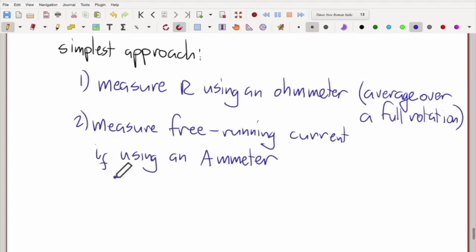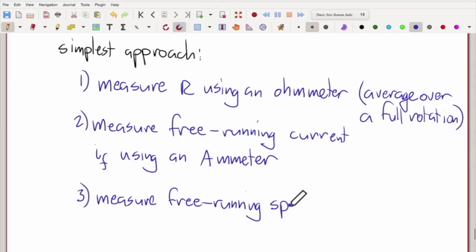You may need a pretty sensitive one, depending on how big of a motor is, or you might need a very large one to measure large currents going through that motor. And the last one is the free running speed, Omega F.